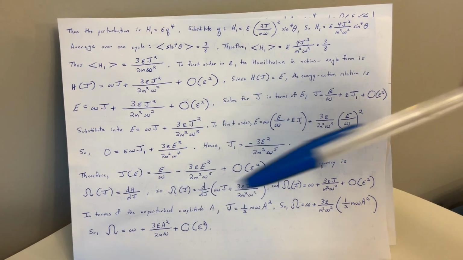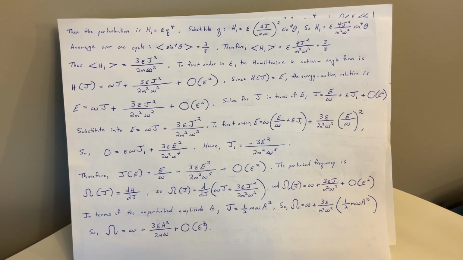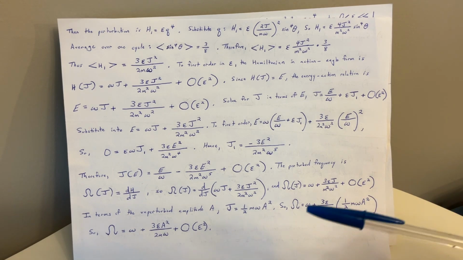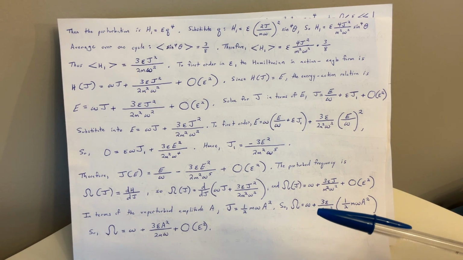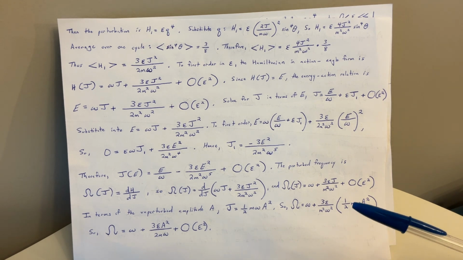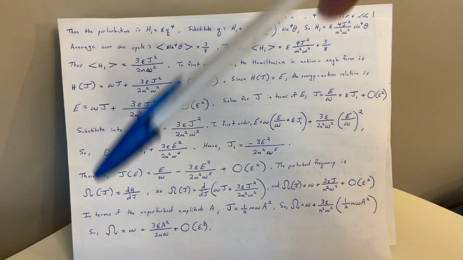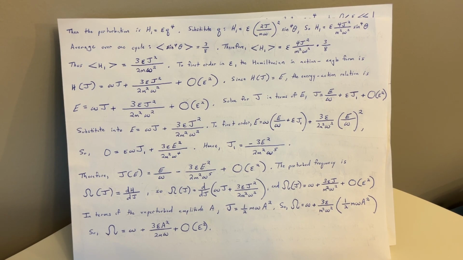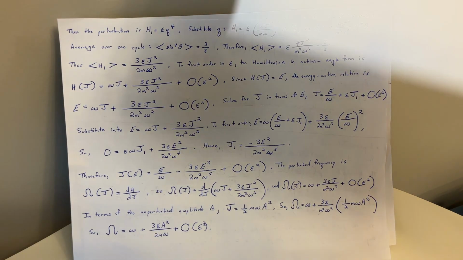In terms of the unperturbed amplitude A, J = 1/2 m ω A². So Ω = ω + 3ε/(m²ω²) times 1/2 m ω A², and Ω = ω + 3εA²/(2mω) + O(ε²).